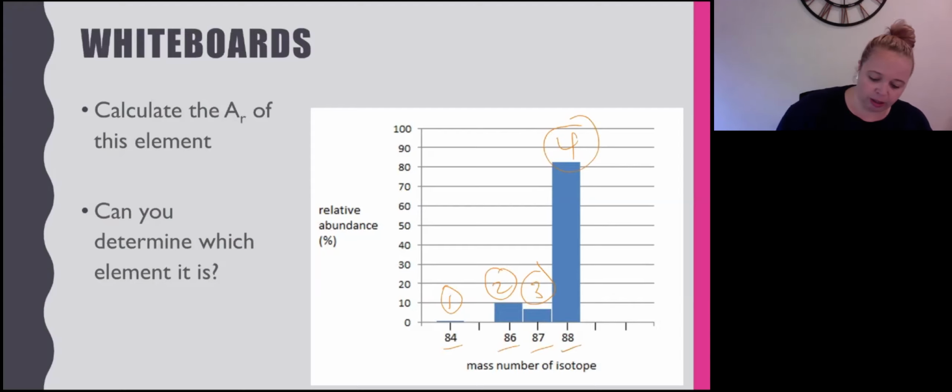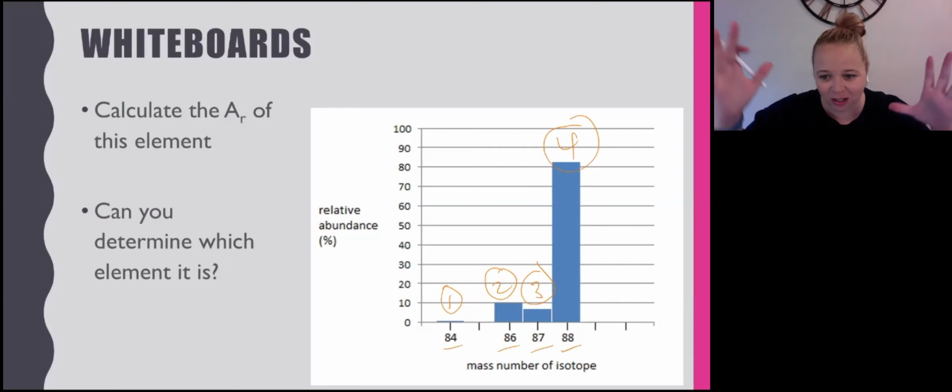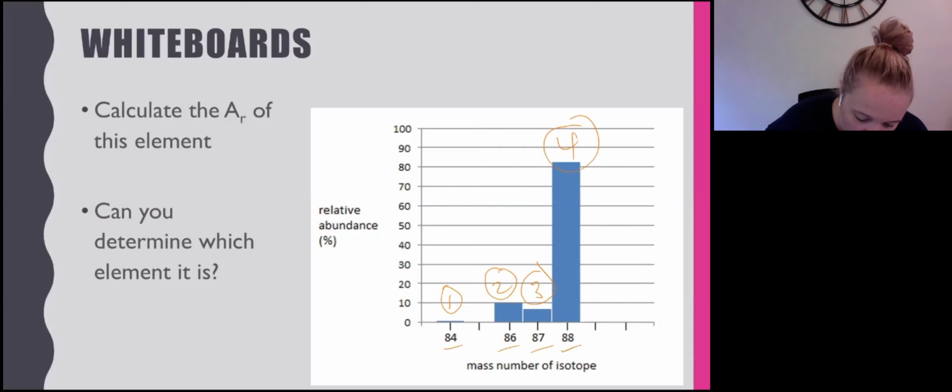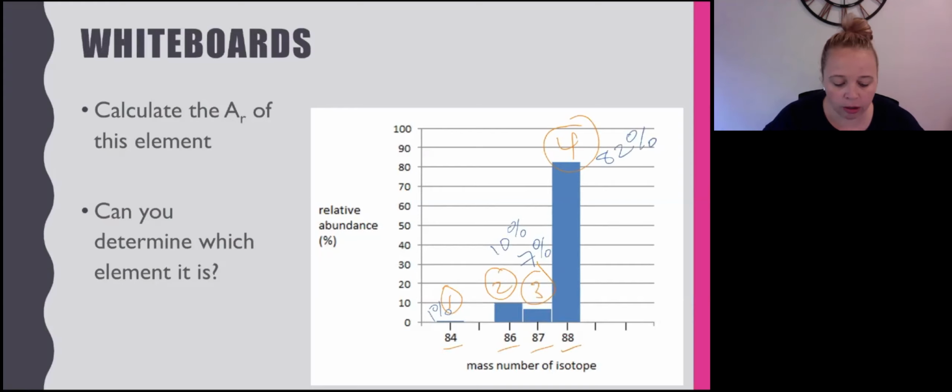Now, I've spent a bit of time looking at this before. You can zoom in, make it a bit bigger, but I say that this 84 is at 1%, 86 was at 10%, 87 was at 7%, and 88 was at 82%. So you can pause there and figure out the calculation and see if we get the right number.